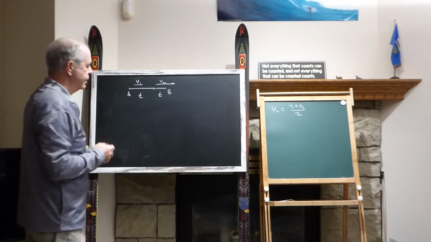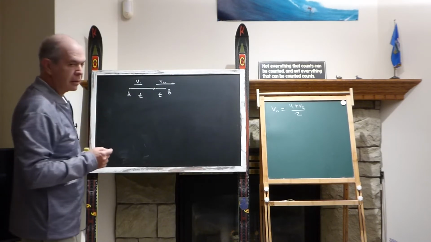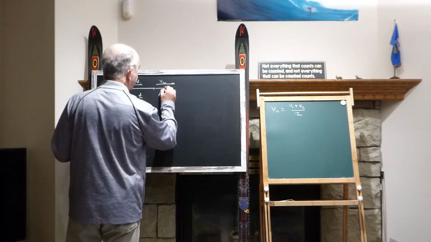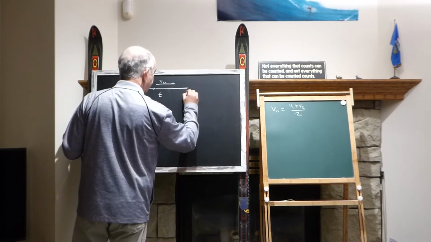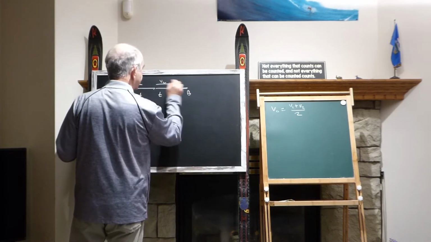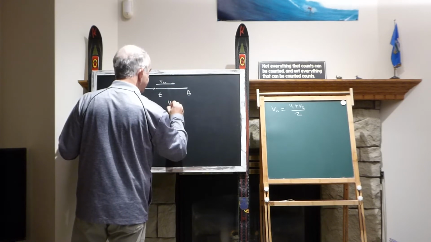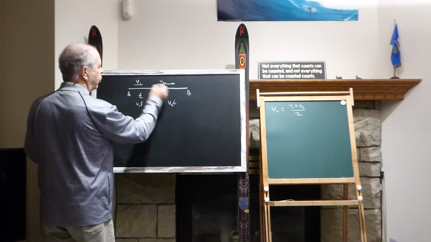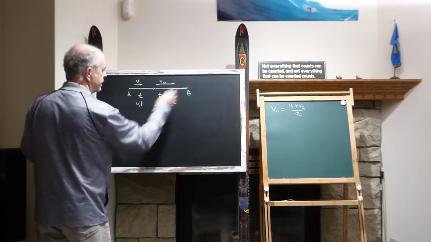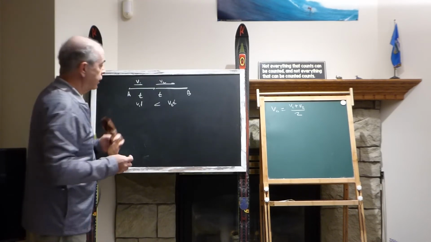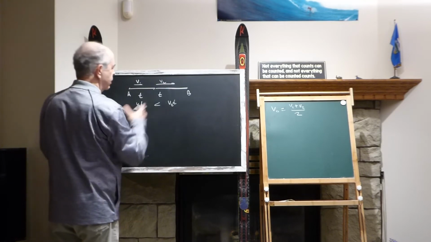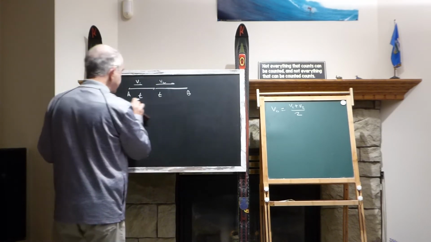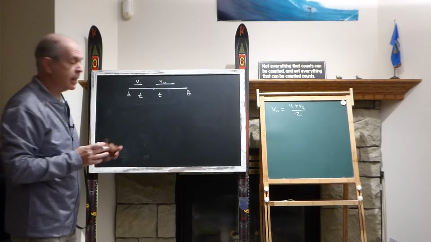By the way, my picture is wrong. Because it was moving faster, it covered distance v2, and this is v1, and if v1 is smaller than v2, then this distance is smaller than that. Anyways, this is all good when time is the same.